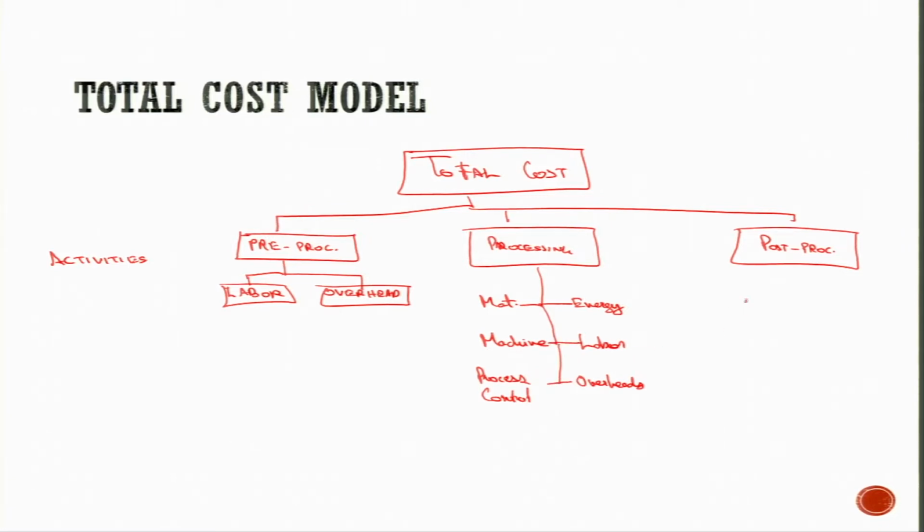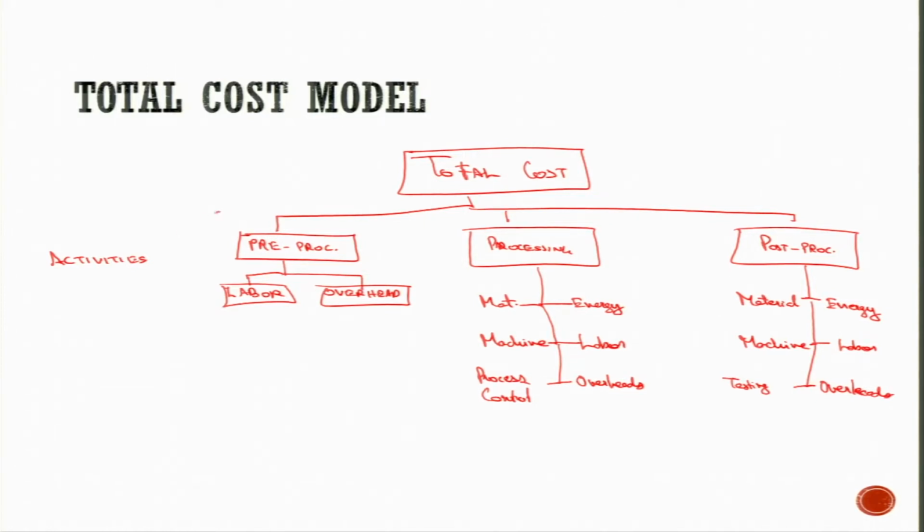In the post-processing, again we will have material, machine, energy would be included here as well, and labor would also be there. In post-processing, we need to have some testing costs associated and overheads are always there. So these different costs, let us try to see various models.